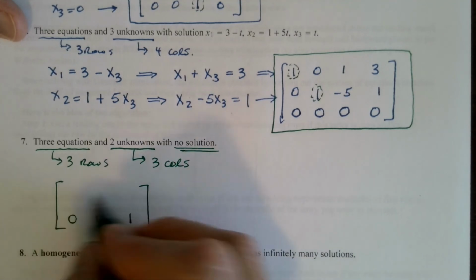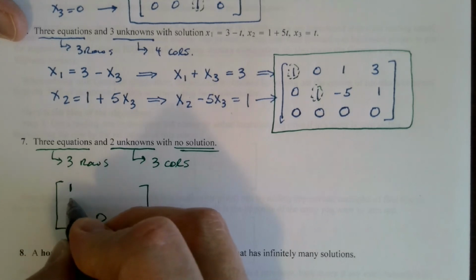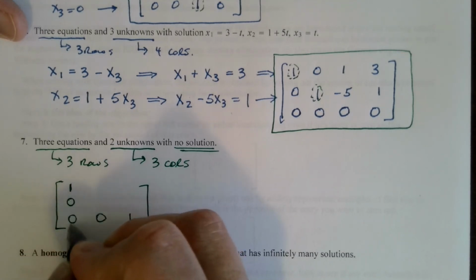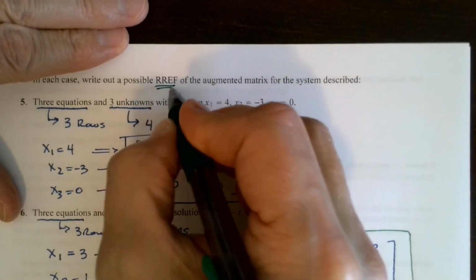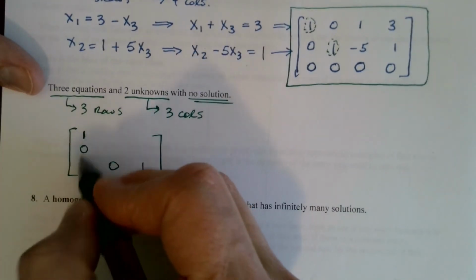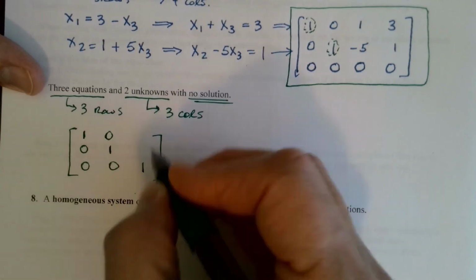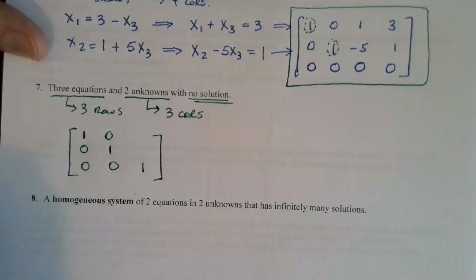Okay, what has to be up here? Well, clearly, I can have a leading one here and zeros underneath it, right? So it has to be, remember, in reduced row echelon form, right? So that means for the leading one here, I have to have zeros everywhere else. Then I can have a leading one here, and I have to have zeros everywhere else. And notice this also is a leading one, right?